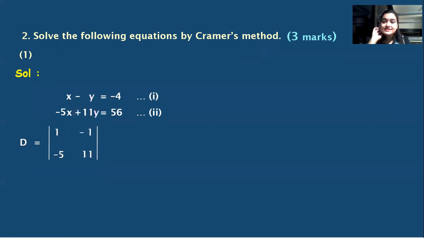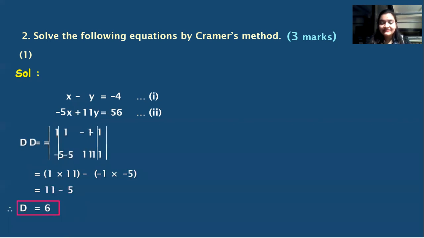Once we write this D, you have to do criss-cross multiplication. 1 into 11 minus 1 into minus 5. 1 into 11 gives you 11, minus 1 into minus 5 gives you 5. 11 minus 5 gives you 6. So you got the value of D.